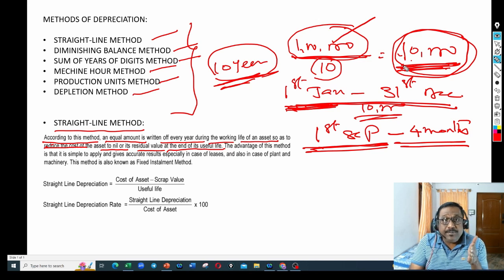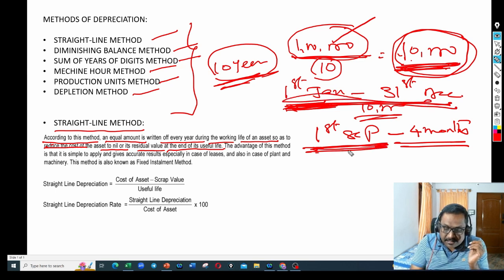So what we need to do is this. Though the straight line method says an equal amount has to be written off on a yearly basis, the year of purchase and the date of purchase play a vital role. For example, if the asset is purchased on 1st January, the whole year is used, 1st January to 31st December, 1 year. So you can go ahead and write off 10,000 rupees as depreciation in this case.